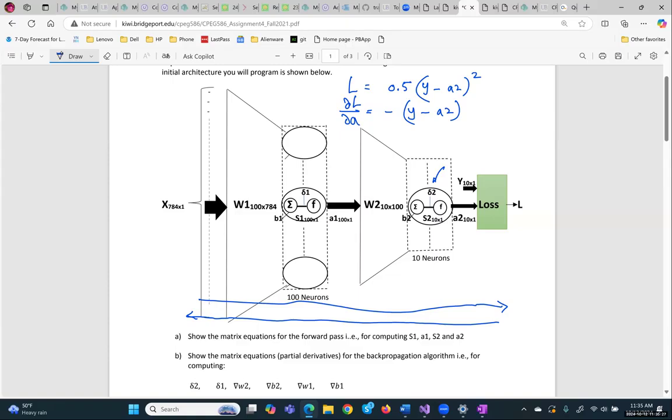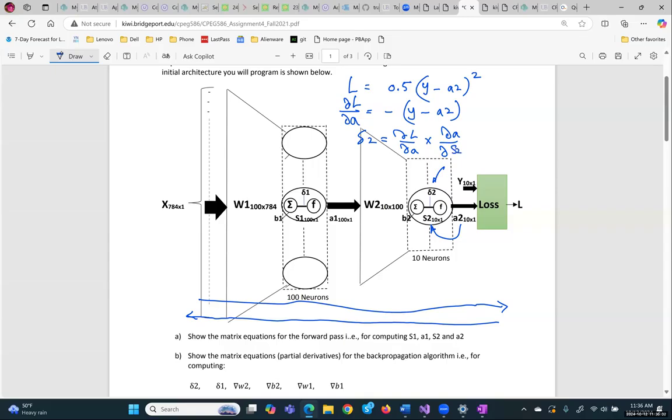To compute delta 2, we further have to go from A2 to S2. If our activation function is sigmoid, this could be represented as partial L over partial A2 multiplied by partial A2 over partial S2.